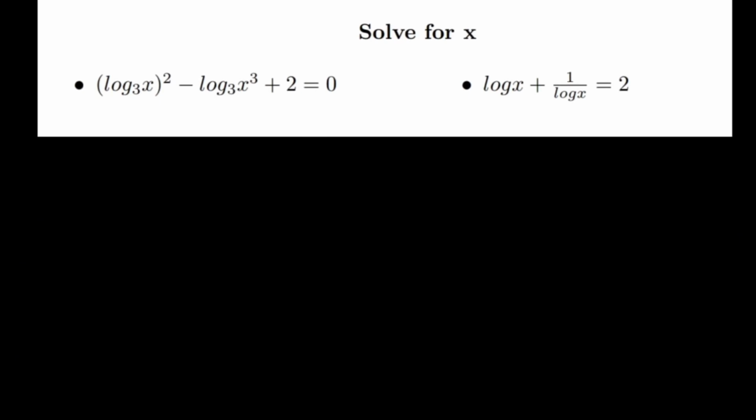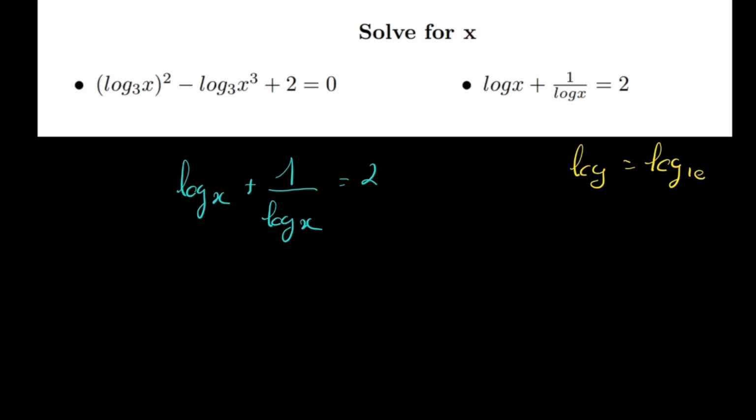Now second equation. We've got log x plus 1 over log x, and I remind you that log without any base is the log in base 10, is equal to 2. When we are given an equation like that, because we are dividing by log x, of course log x will be different from 0, which means that x will be different from 1.